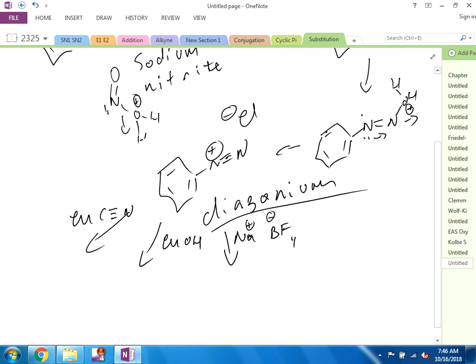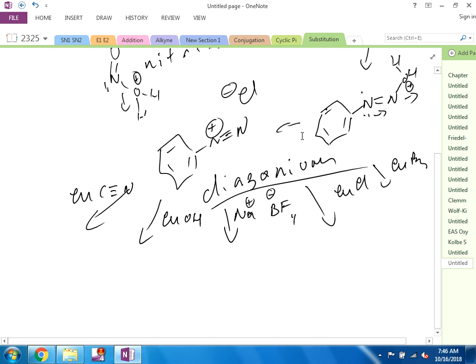That's a negative charge on the boron right here, right? If you wanted to put in a halogen besides fluorine, you could put in either copper chloride or copper bromide. In all of these, there wouldn't be much guesswork.